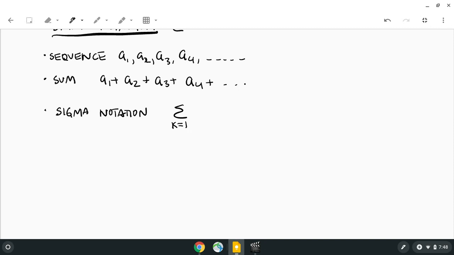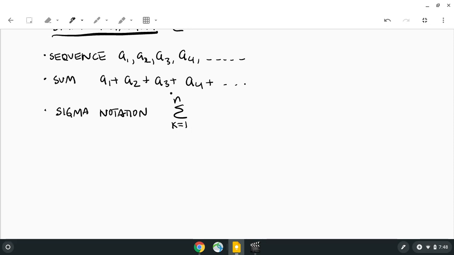So that's telling us start with the first term and go all the way up to the nth term. So this is saying find the sum from the first term all the way up to the nth term.